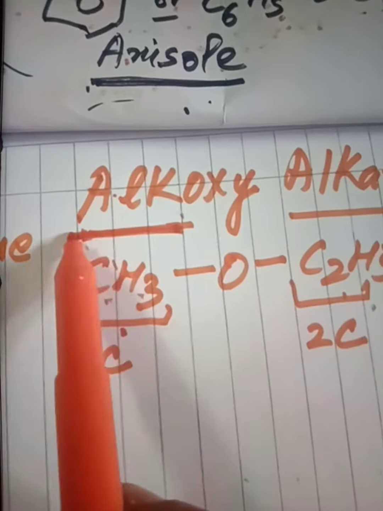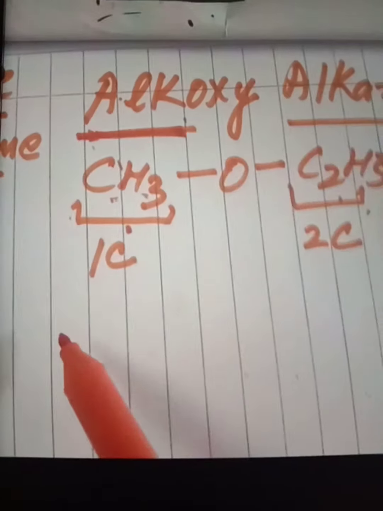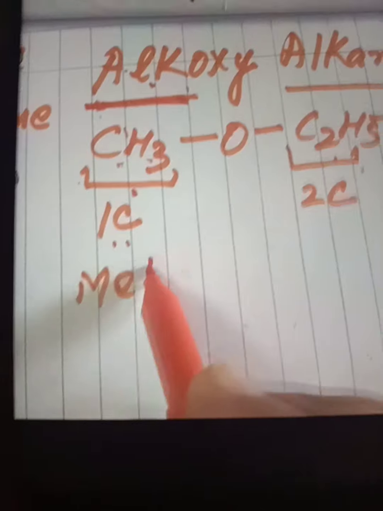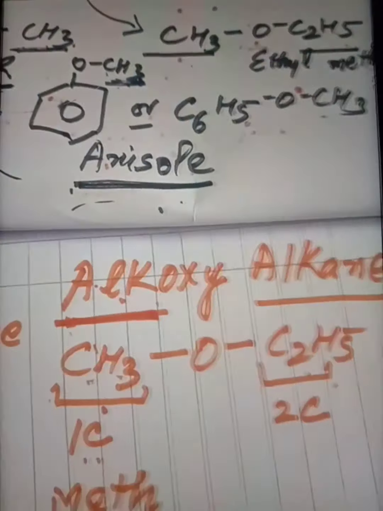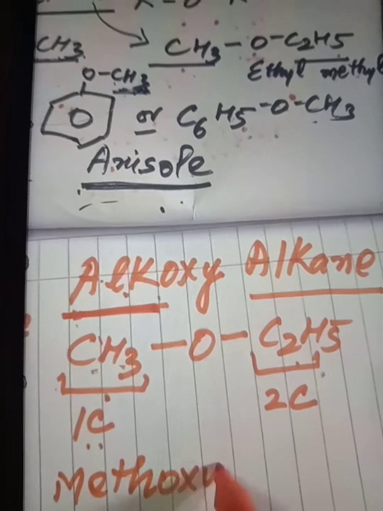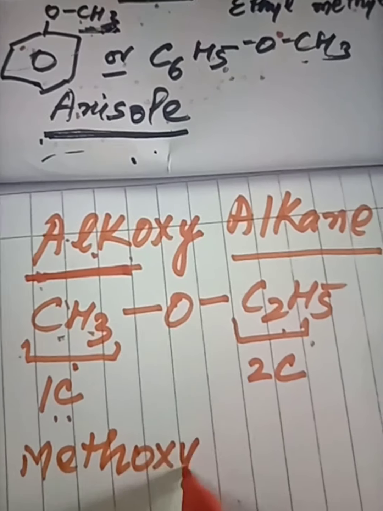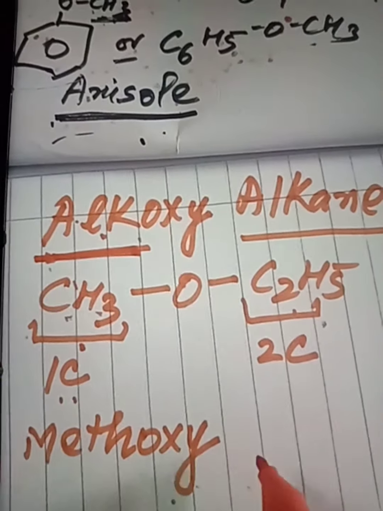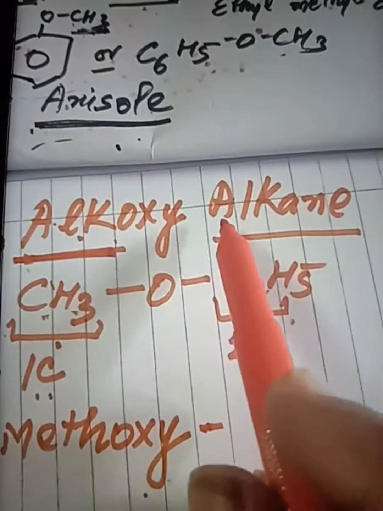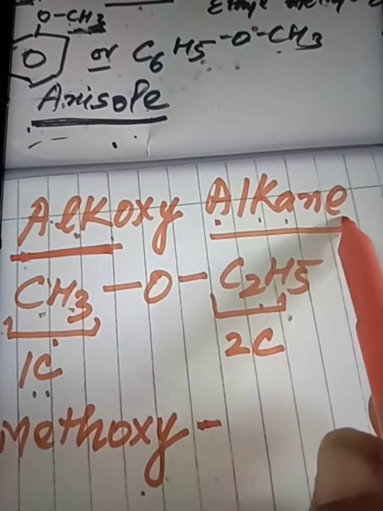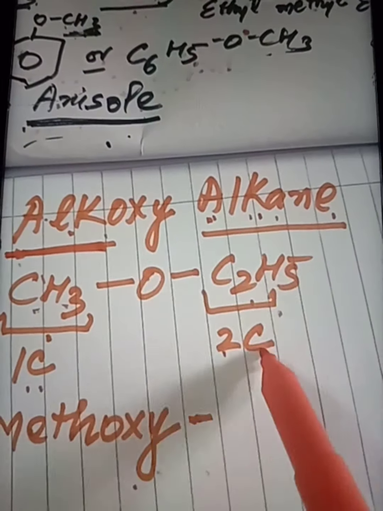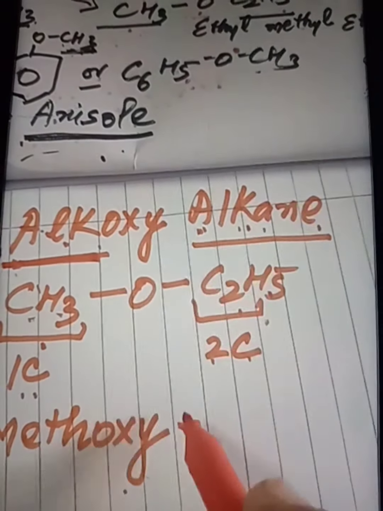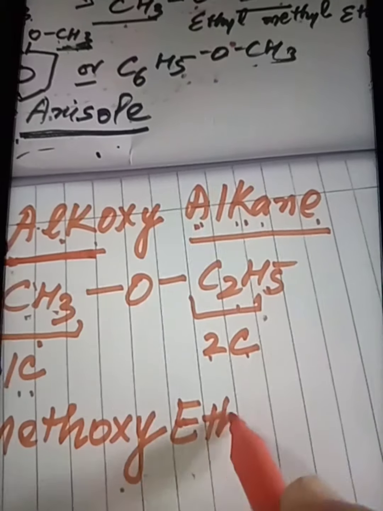So here in place of alk it becomes meth because one carbon is here. Rest of the part will remain as it is. Methoxy. Alkoxy becomes methoxy. Then we have alkane. Now two carbons are left on this side. So this alk becomes eth. This is ethane.